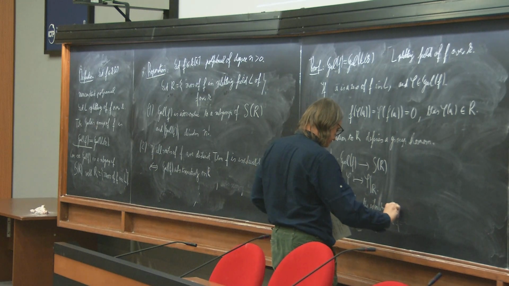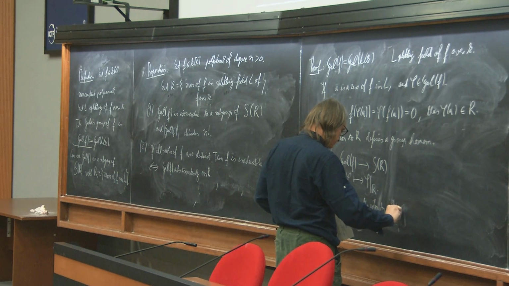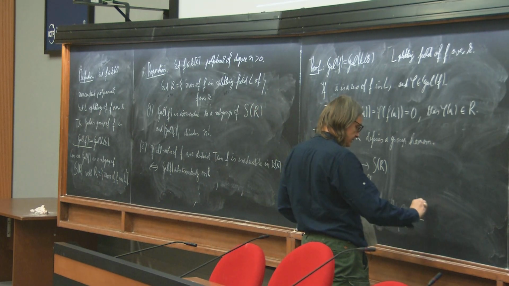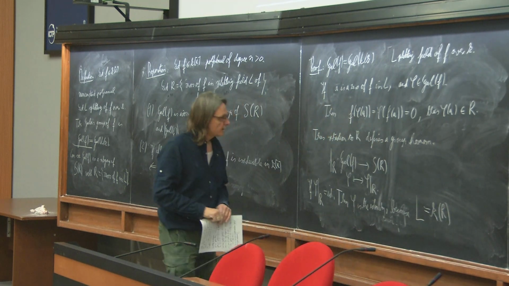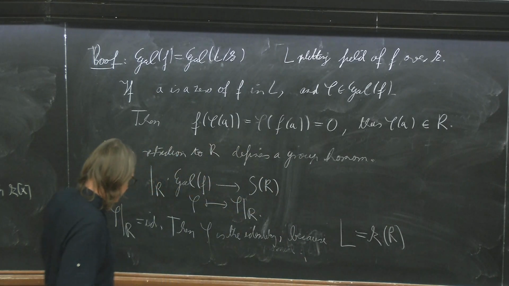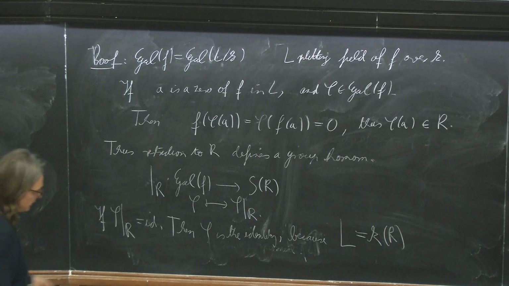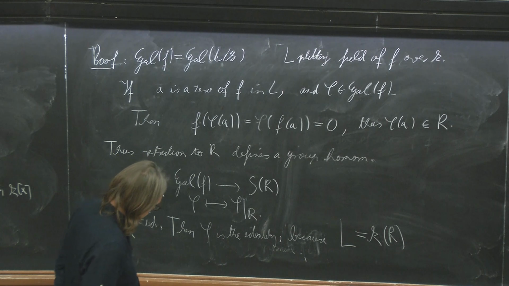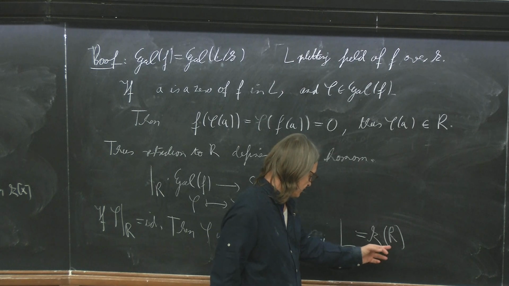Because we can say that L is equal to k(R), by which I mean if I add all the zeros. We know that if we have a field over which our polynomial splits, like L, which is already the splitting field, it will be the subfield which consists of all the zeros of this polynomial. The zeros are R, so we just have this.